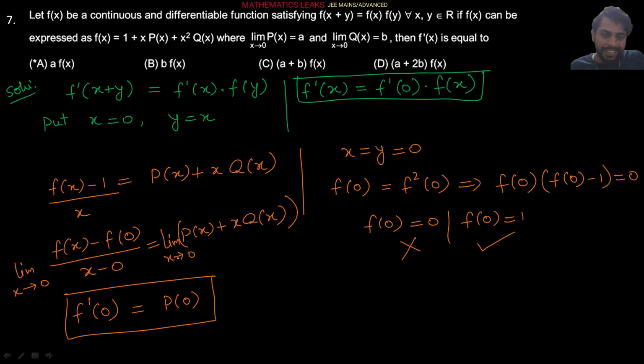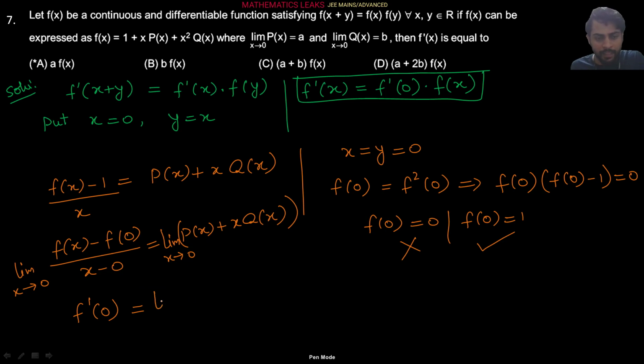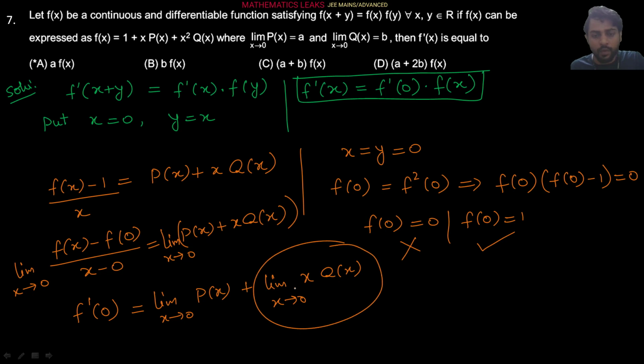So the limit x tends to 0 gives p of 0. Or you can say, in a more simplified manner, limit x tends to 0 of p of x, and limit x tends to 0 of x q(x). This quantity will be exactly 0, because x is 0, so overall in the multiplication it is 0.